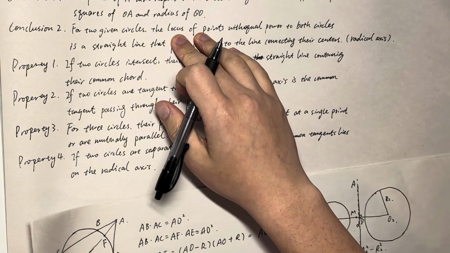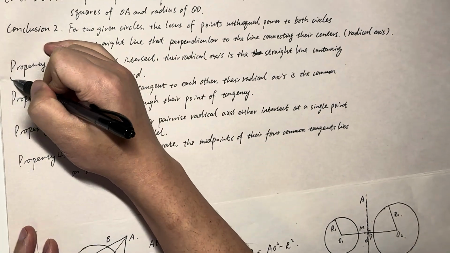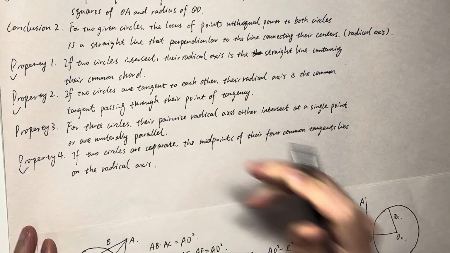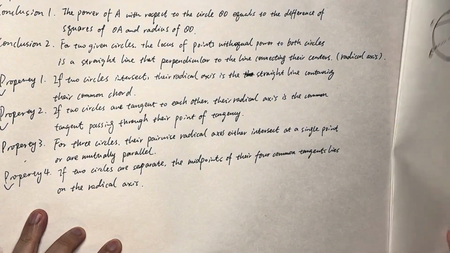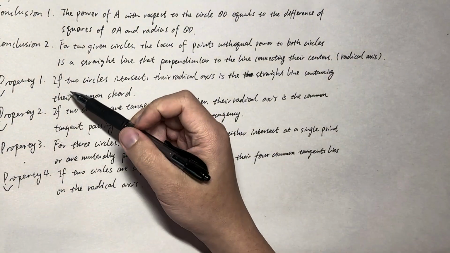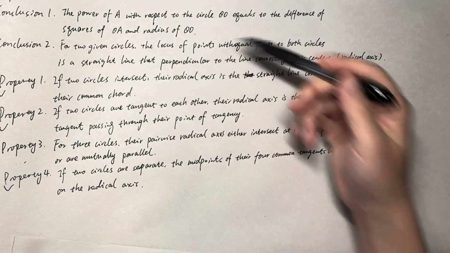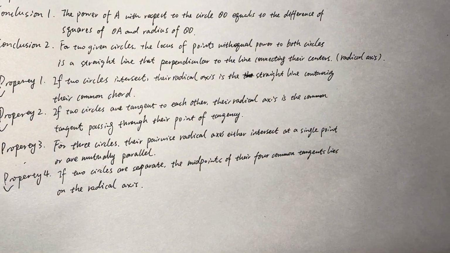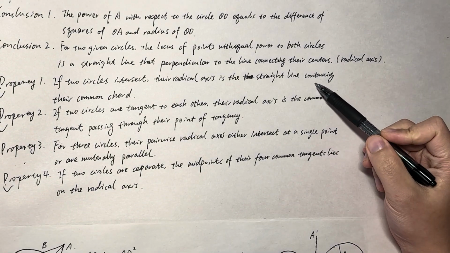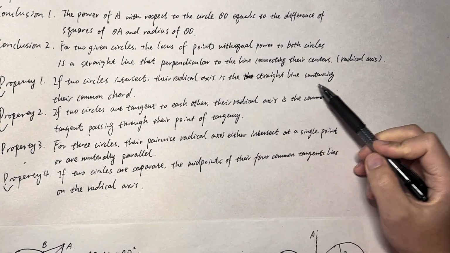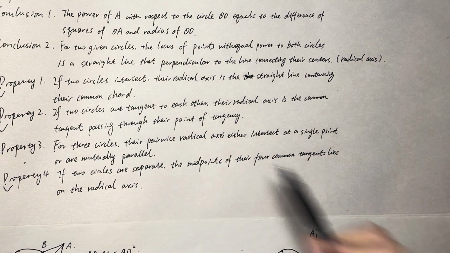And now we actually just read about the property 1, 2, 4 together, and then we think about property 3. So for property 1, if two circles intersect, their radical axis is a straight line containing their common chord, right?